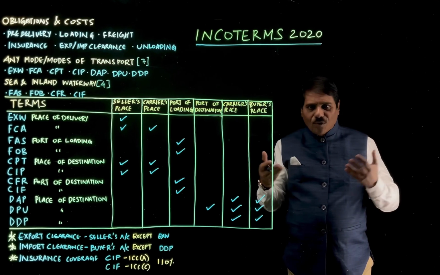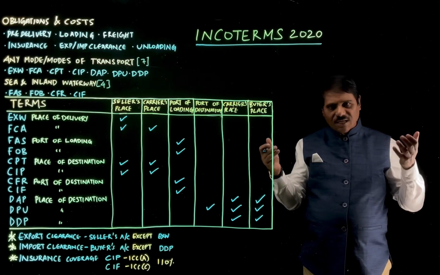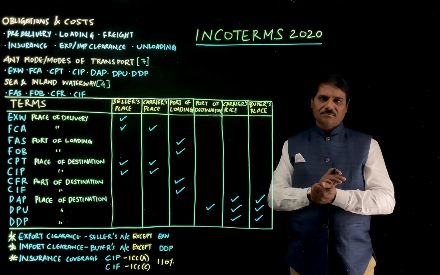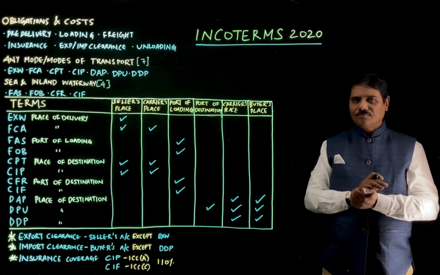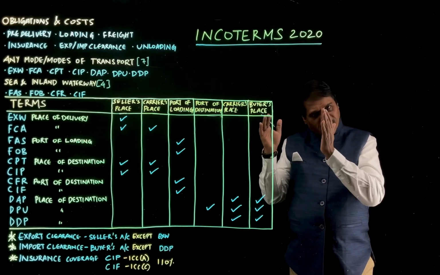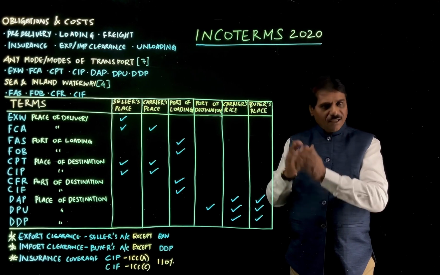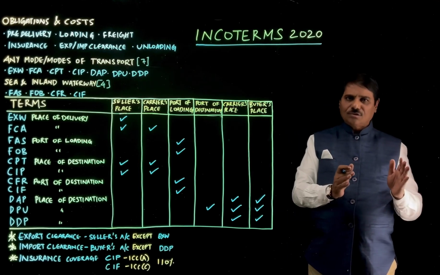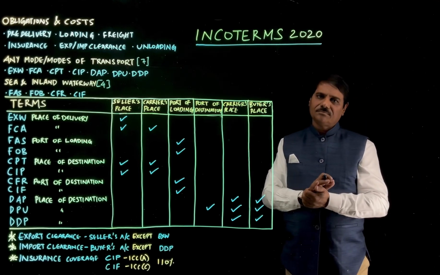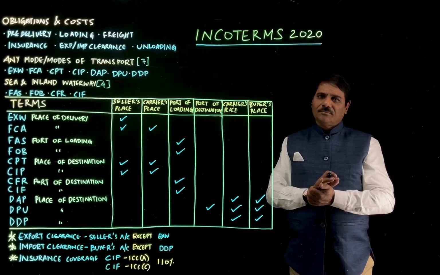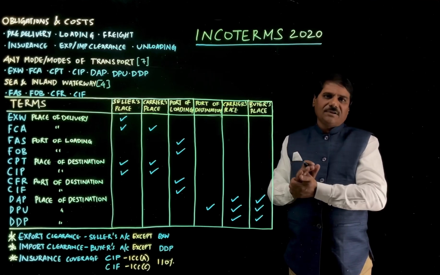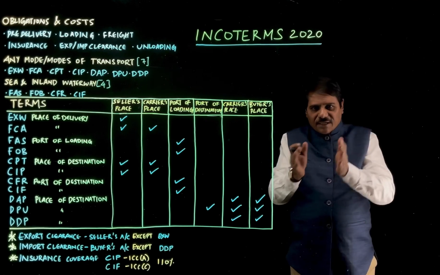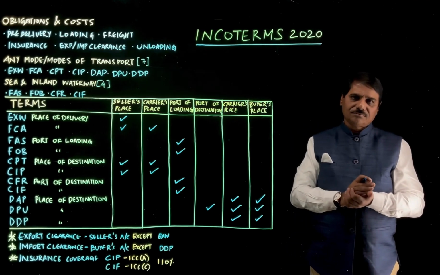So a lot of coordination is required between the seller and the buyer. The seller must be ready with the stock and give notice to the buyer so that the buyer can bring the ship. Suppose the stock is not ready with the seller, but the buyer is bringing the ship, then what is the use?